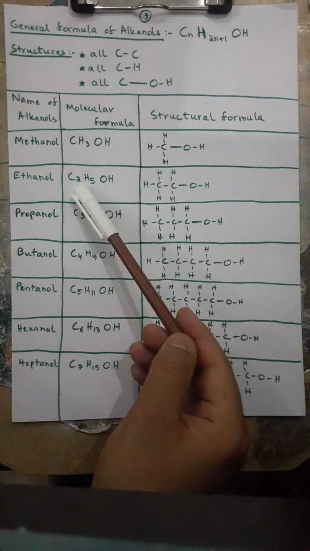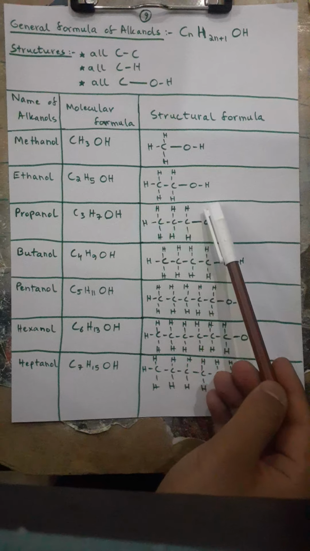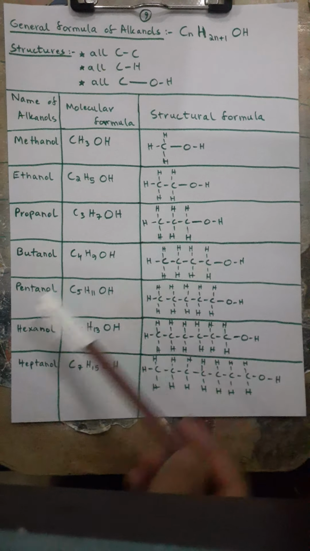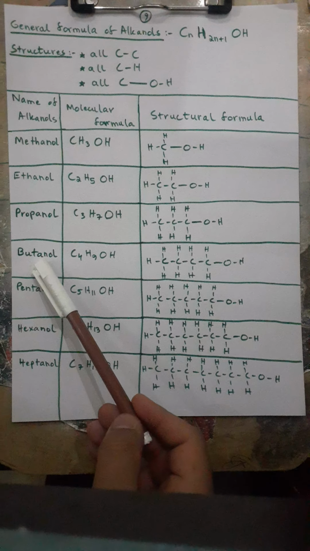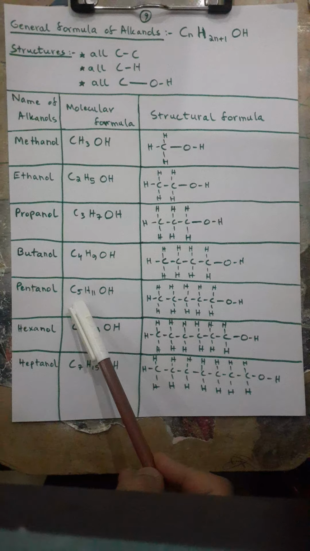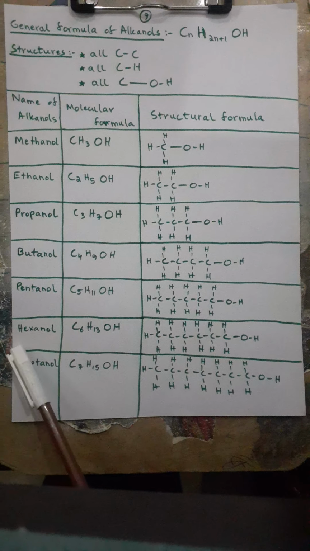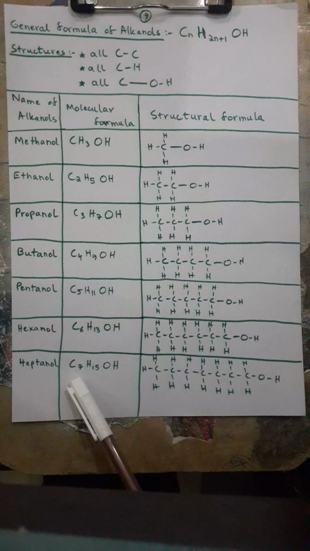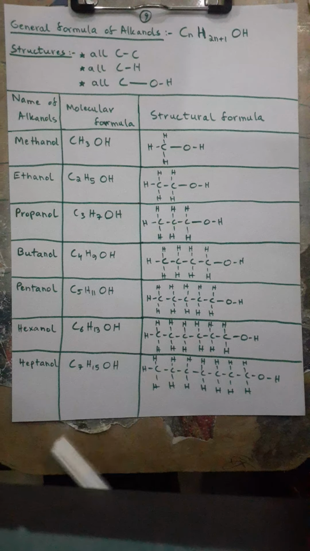And then ethanol C2H5OH, attach OH in the end. Propanol C3H7OH, this is the structure. And then butanol C4H9OH, structure. Pentanol C5H11OH, structure. Hexanol C6H13OH, heptanol C7H15OH. These are the structures.